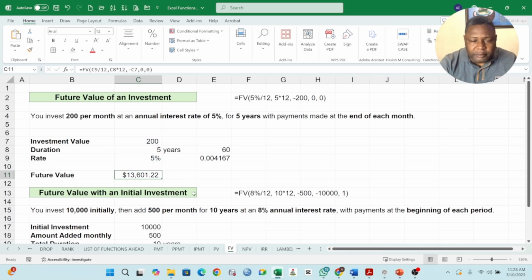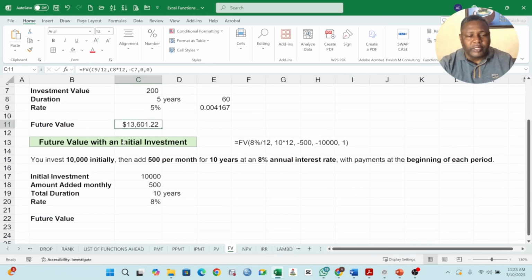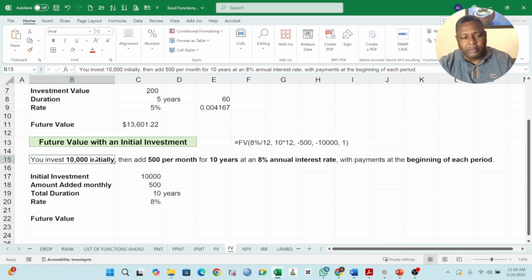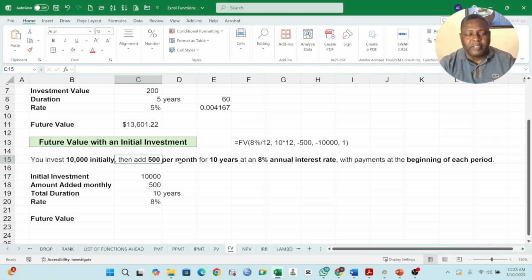Okay, now let's talk about future value with an initial investment. So you invest 10,000 maybe dollars initially, then you add 500 per month for 10 years at an annual rate of 8% with the payment at the beginning of each month.